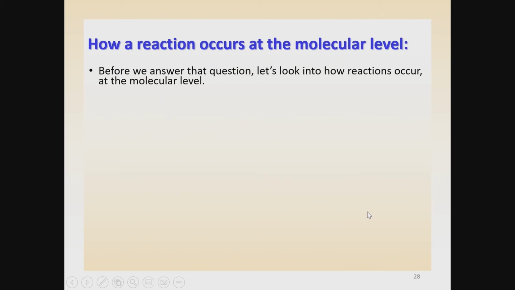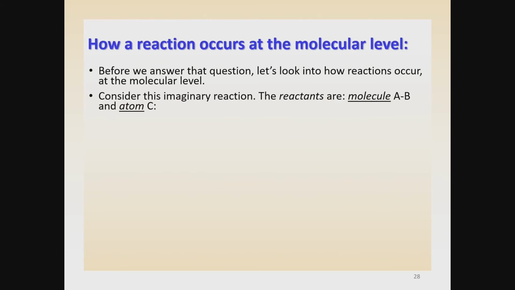But before we do, we really need to understand exactly how reactions occur when we look at them at the level of the molecule. So to do that, we're going to imagine a very simple reaction to help us understand this.